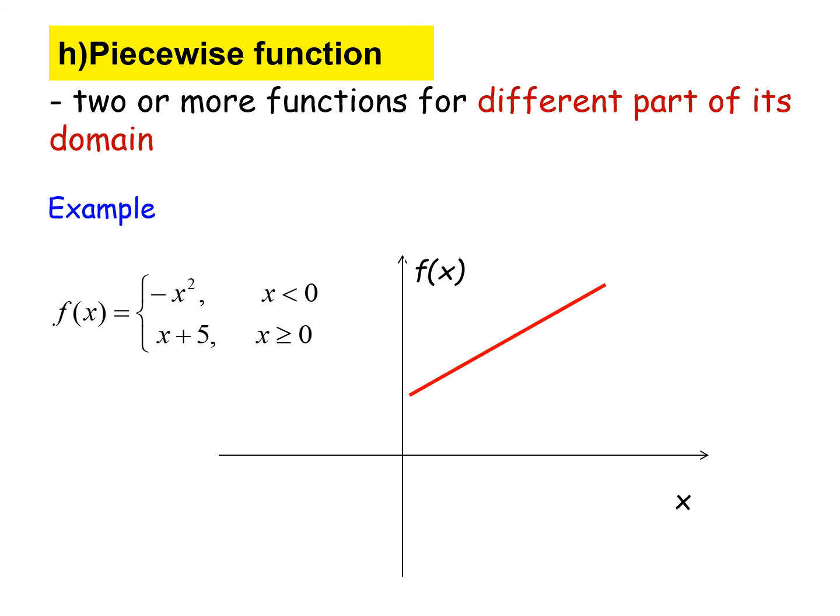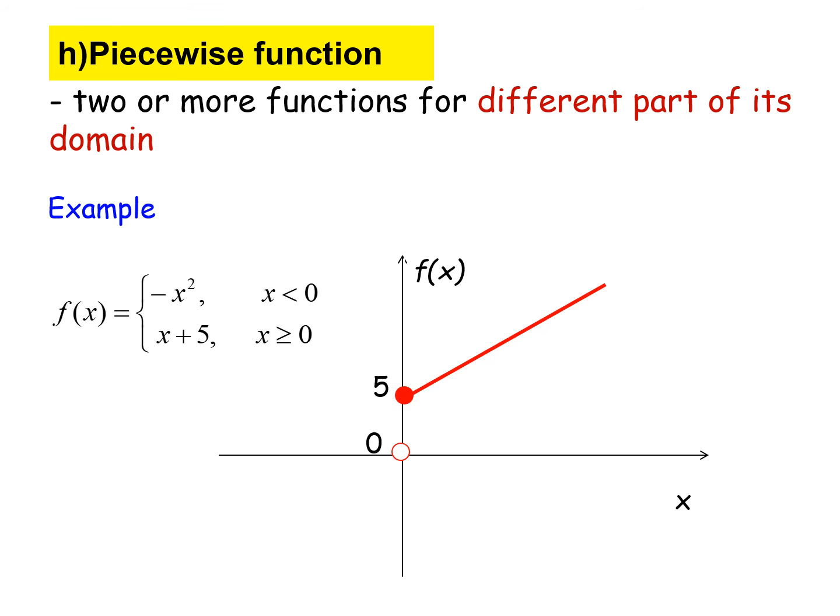So 5, we draw a closed circle on 5. Since x is more than or equal to 0, starting with x more than or equal to 0, 5 is included. So a closed circle at 5, going to the right, we draw a linear graph moving up.